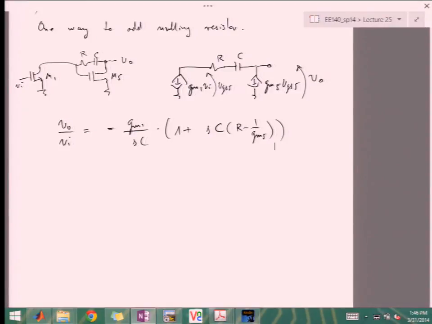Okay, and so this piece over here, it's sort of this form, 1 minus S over 0, 1.